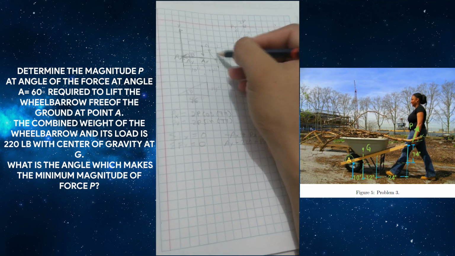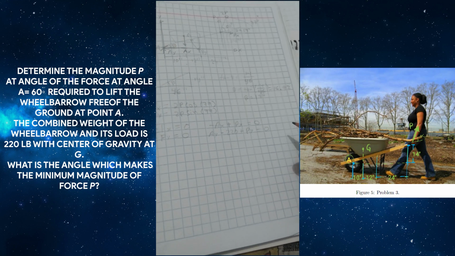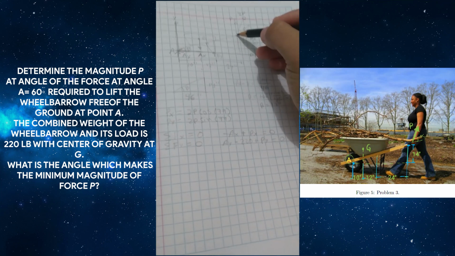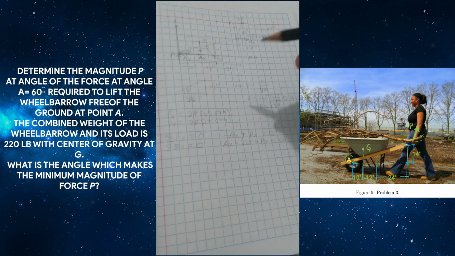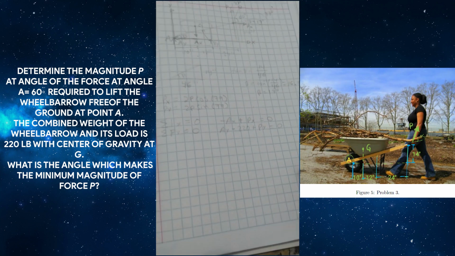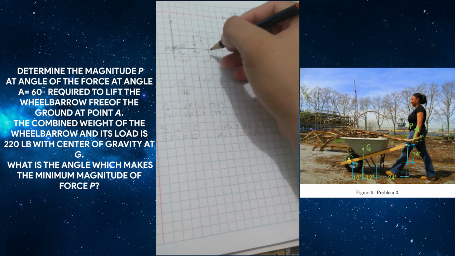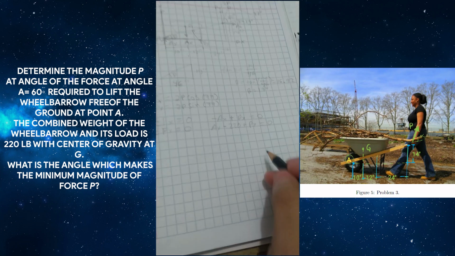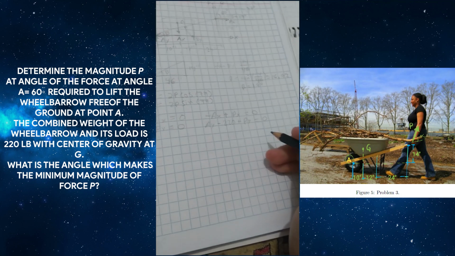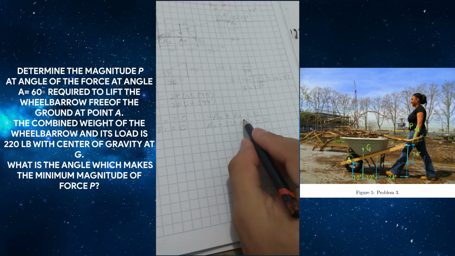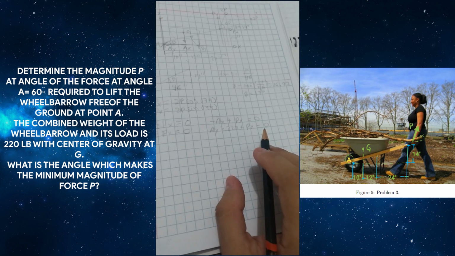So I can consider this variable as 0, because I need to find the force in which the people can lift the wheelbarrow. So for that, I'm not considering this variable. So in this case, we have 2 equations and 3 different variables.